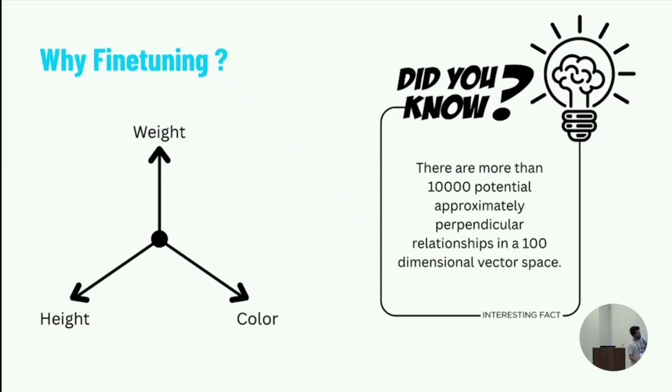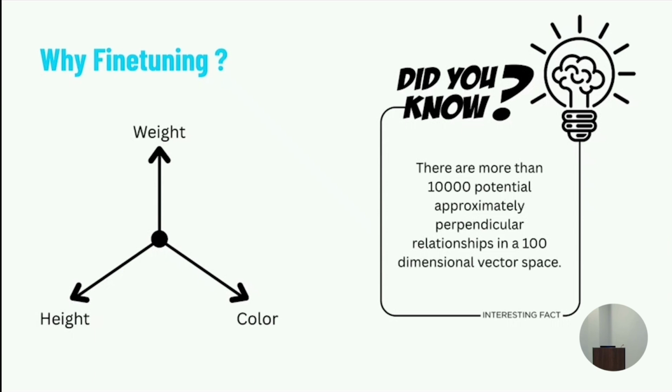An interesting fact is that if you take a 100-dimensional vector space, there can be more than 10,000 approximately perpendicular relationships. What I mean by that is, if you take an angle of 90 degrees, you call that perpendicular.